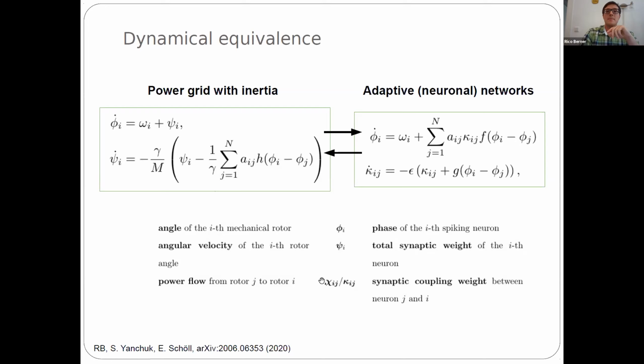And the pseudo coupling weights, or the coupling weights, are just the power flow from the rotor j to the rotor i, or the synaptic coupling weight between neuron j and i.